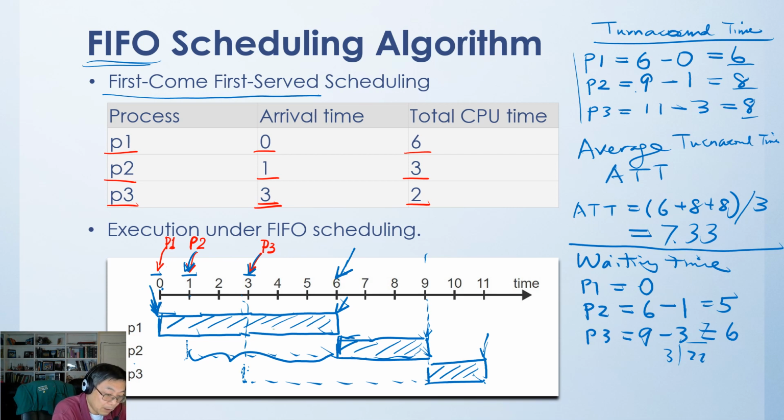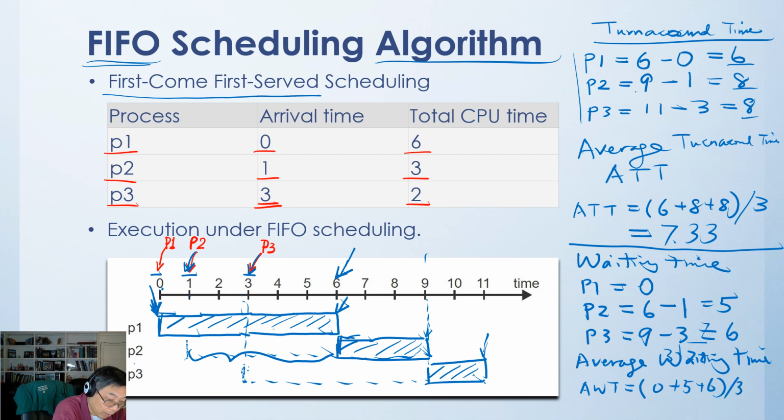Okay, so now we have the average waiting time for the algorithm. That's the AWT, that's 0 plus 5 plus 6 divided by 3. So let's see what the number is.